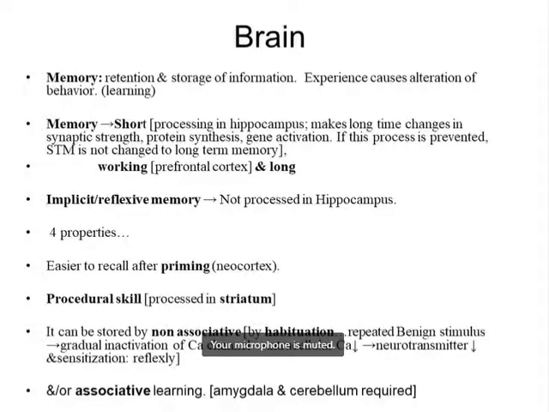Implicit memory has four properties. One is priming. Priming is done in the neocortex, easier to recall after priming. For example, you mix 20 microliter of blood into N by 10 HCl, and the brown color fluid is formed, and that is called acid hematine. You have never heard that term, acid hematine.